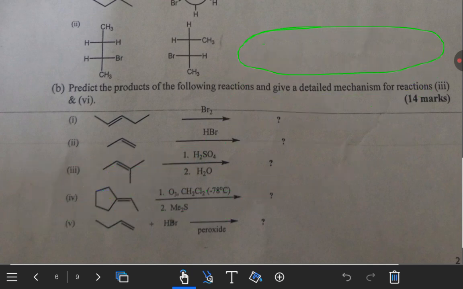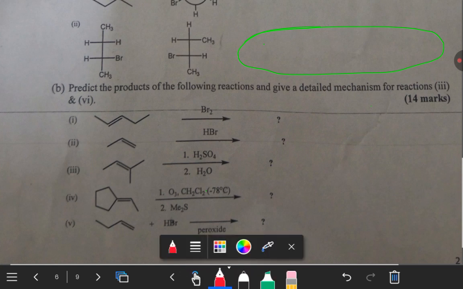Let me just remove this. Okay. So the question was: predict the product of the following reactions and give a detailed mechanism for the reactions.